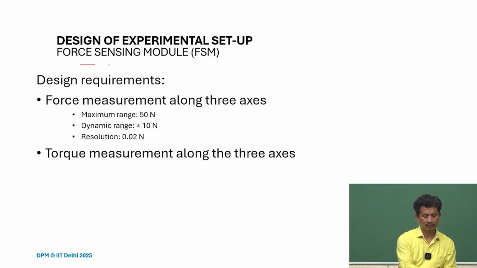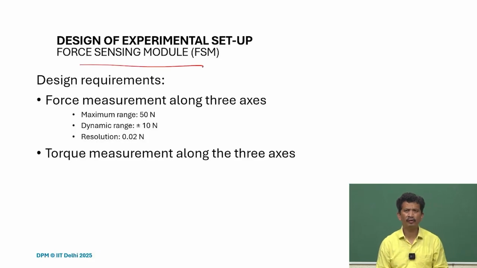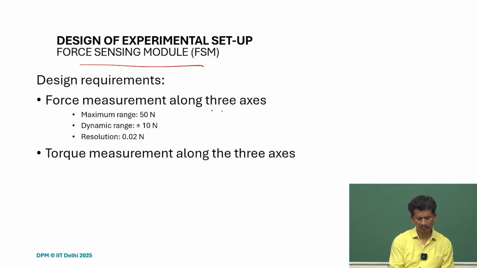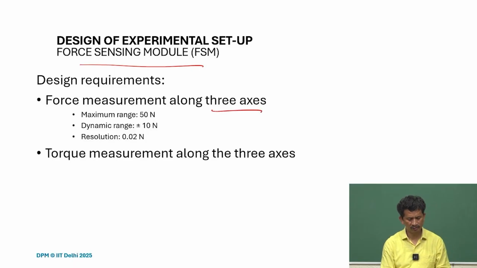So next is the force sensing module. When the instrument interacts with the endoscope, what happens? What kind of forces are there? Of course we wanted to measure the force in all 3 axes, and we don't expect very large forces.